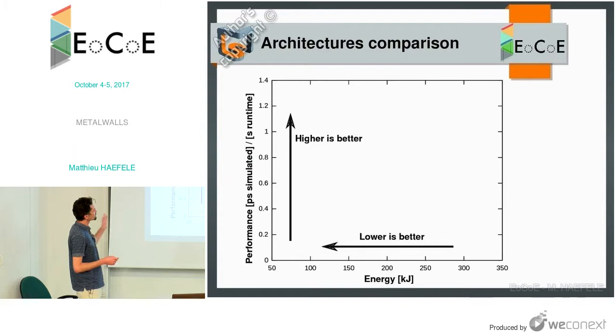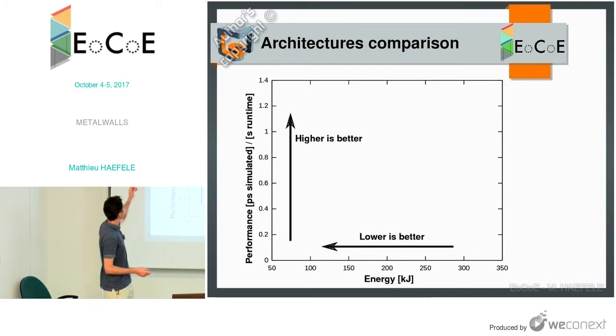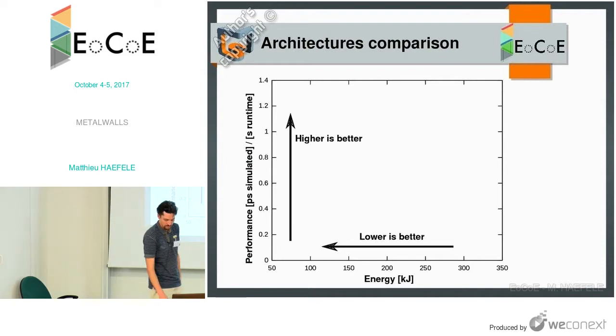The idea is to have the energy required to make the run on the x-axis, and on the y-axis the performance, meaning the number of picoseconds I could simulate per second of runtime. So higher is better, and lower energy is better. We try to push our points top left. Top left is the best in this plot.